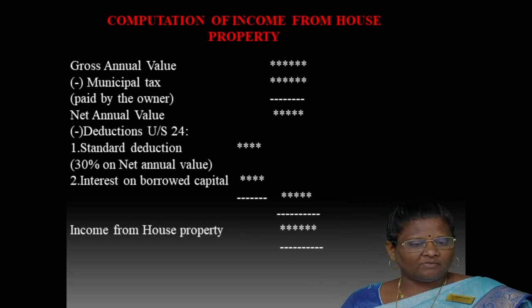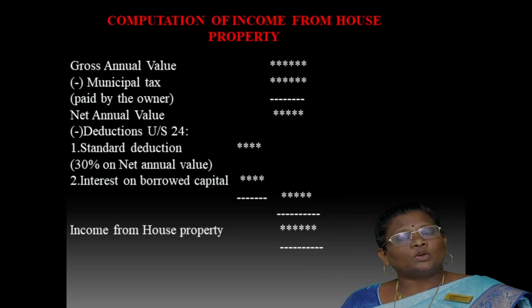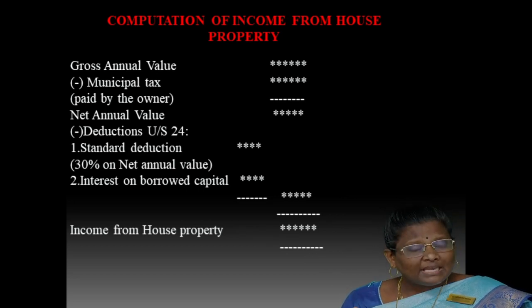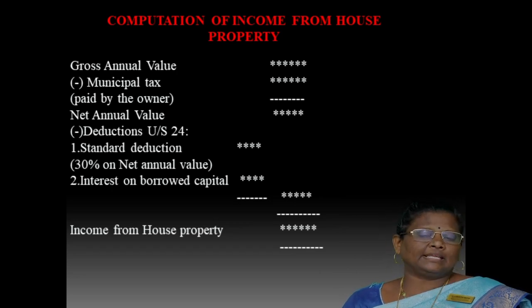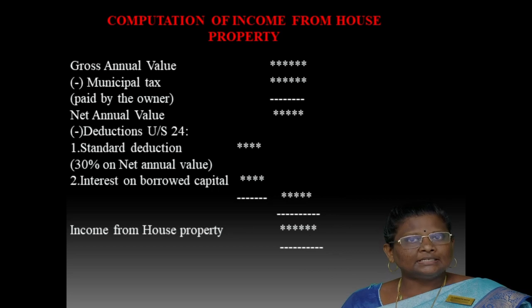From the net annual value, we have to deduct two deductions. First one is standard deduction and number 2, interest on borrowed capital. The standard deduction is calculated on net annual value. From the net annual value, we calculate 30%, that is the standard deduction. Number 2, interest on borrowed capital.